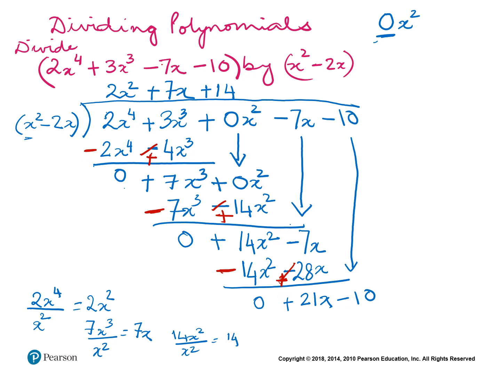All right, we stop here, and our remainder is going to be 21x minus 10. This is the quotient. Let me write that.